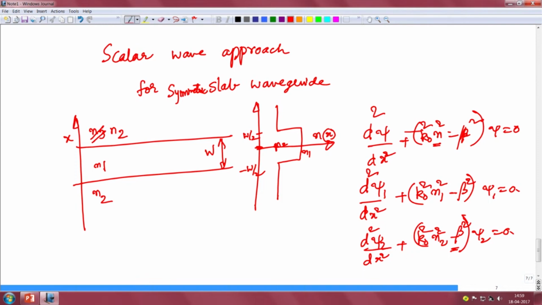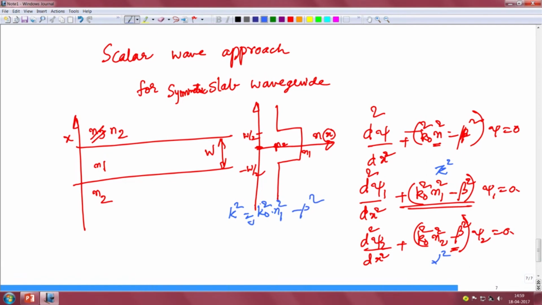The form of the equation is familiar. Suppose we replace the constants. Now, n1 and n2 are constants appearing as k and alpha. Let me define them as k square and alpha square, where k square is defined as k 0 square n1 square minus beta square.